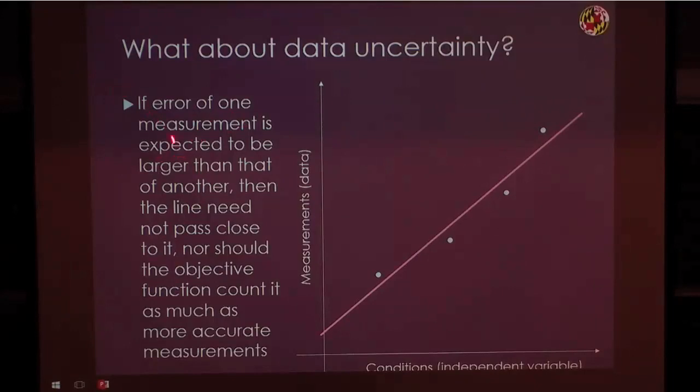So if the error of one of the measurements is expected to be much larger than that of another, then you wouldn't expect the line to pass very closely to it. And in fact, you want your objective function to know. You don't want it to be ignorant. You want to tell it the information that you know. You want to tell it this measurement has a larger uncertainty, and you shouldn't count it as much as you count more accurate measurements.